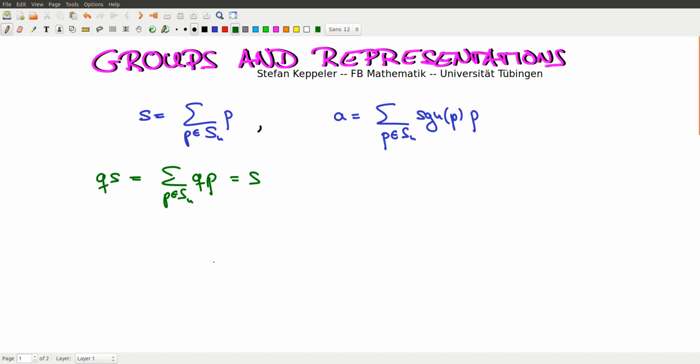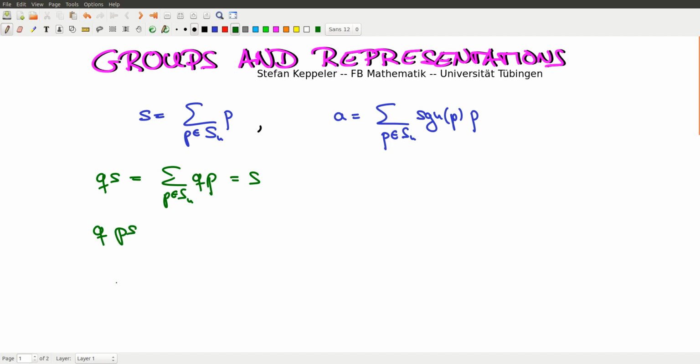So this is just S. So we know whatever we apply to S, we just get back S. Rearrangement lemma.